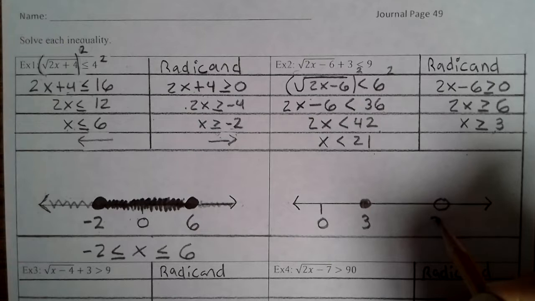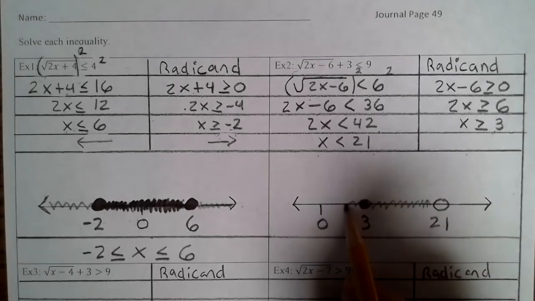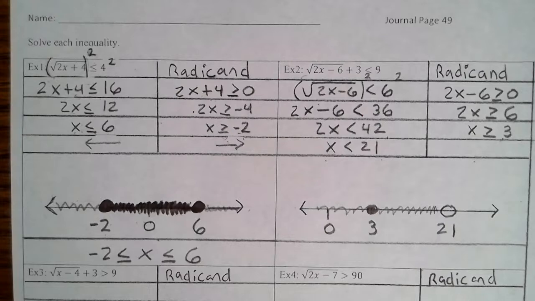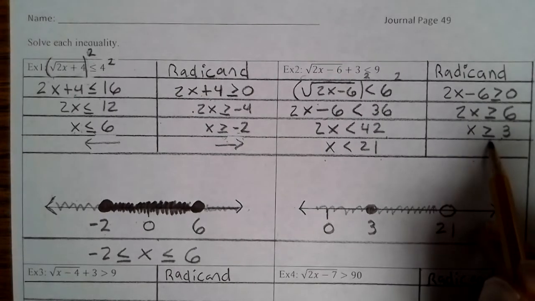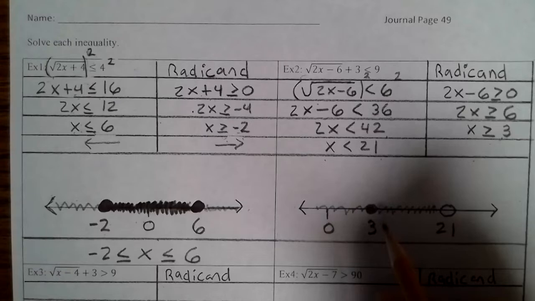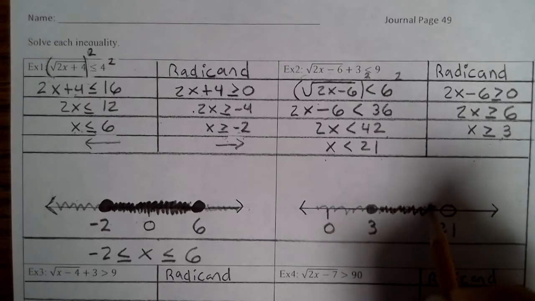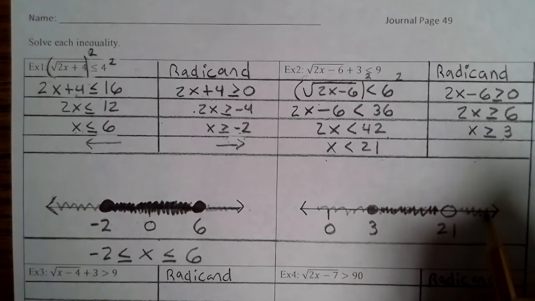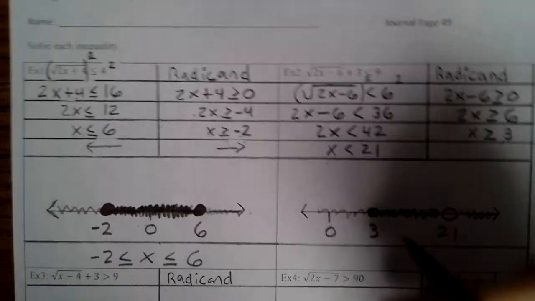Now, for shading purposes, this looks like we're shading to the left of 21, okay, and here we're shading to the right of 3. So here you can see that this overlaps, so that's darker, and then it doesn't overlap there. So our solution lies between the overlapping region.